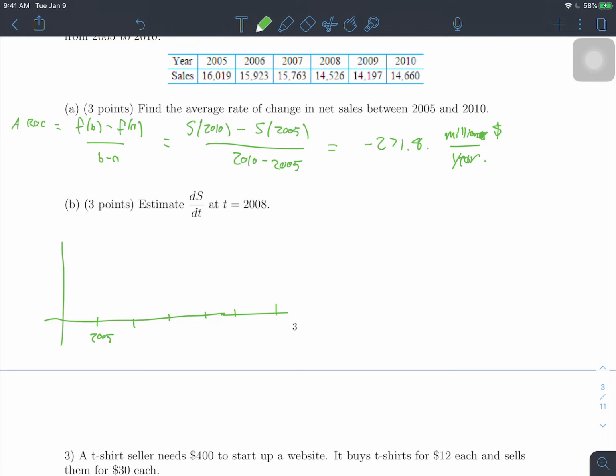And we go 16,000 and then something smaller and then smaller again, and smaller again. No, we raised for the last one. Okay, so this is kind of what our data set looks like, and what we're trying to understand is the rate at which sales are changing at t equals 2008. So 6, 7, and 2008 is right here.